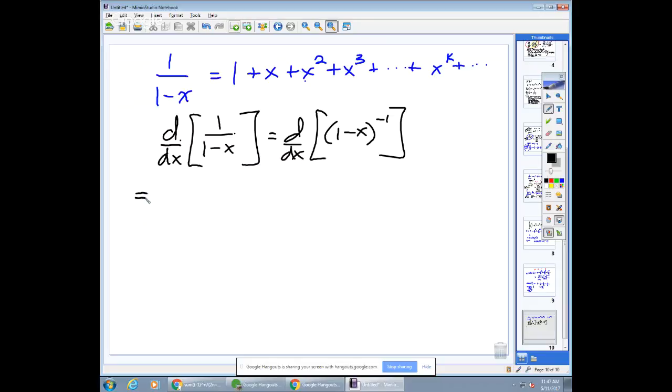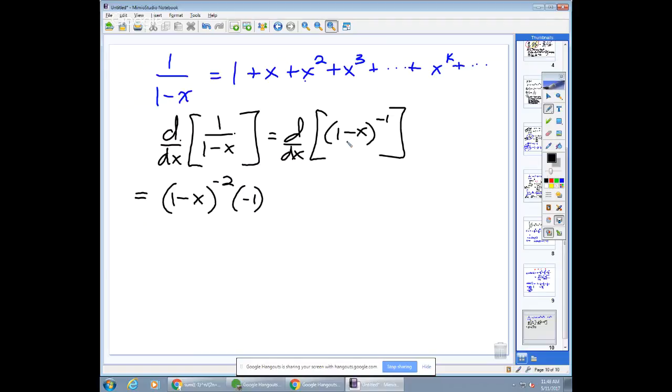So let's see, what do I get? Which one do I want? The power rule says drop the power by 1. So that's going to give me a 1 minus x to the power negative 2. And I'm also supposed to multiply that by that original power, okay, according to the power rule. Chain rule says since there's stuff inside here, I'm going to multiply by the derivative of the inside.